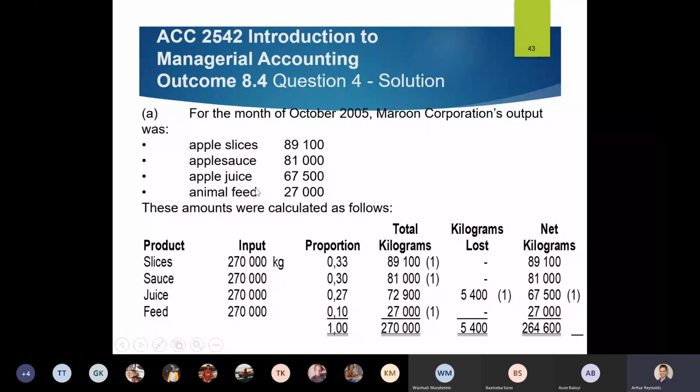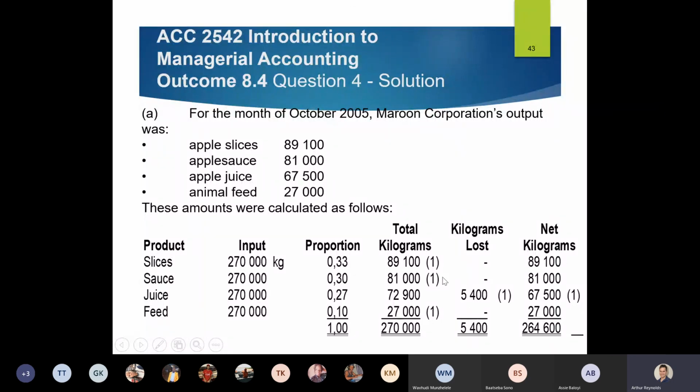So we know we're given 270,000 kilograms, and we need to calculate it using these ratios: 33, 30, 27, and 10. You can see 27,000 is 10%, and that's a third, and so on. That is the amount of product that was sent to the different departments, 270,000 in total.